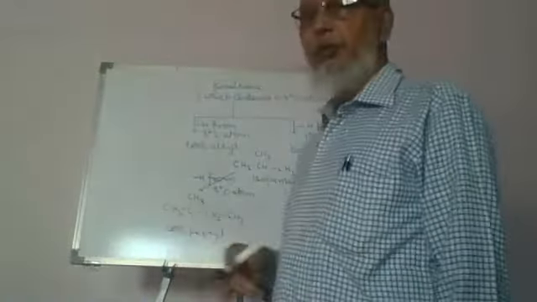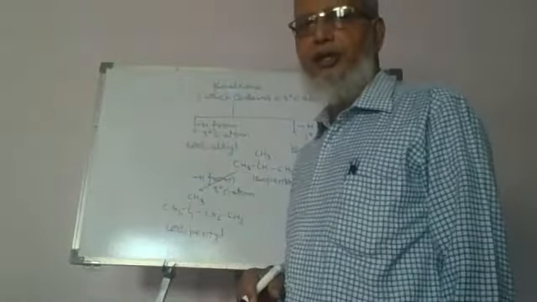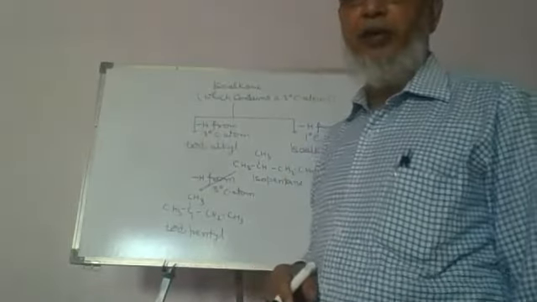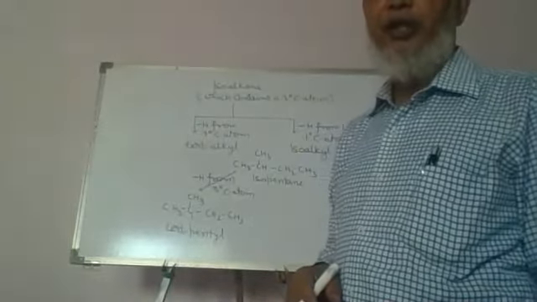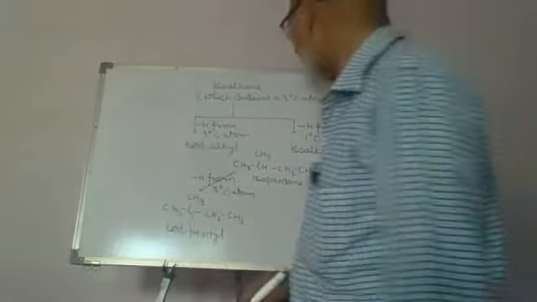And if we attach any halogen atom here, this will become tertiary pentyl halide. Attach a chloro group, this will become tertiary pentyl chloride. Likewise, tertiary pentyl bromide and tertiary pentyl iodide.